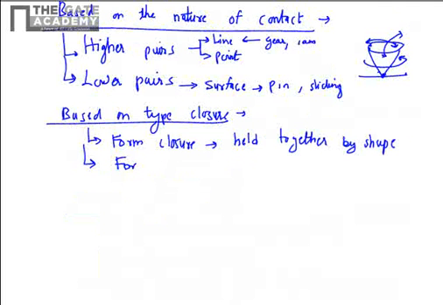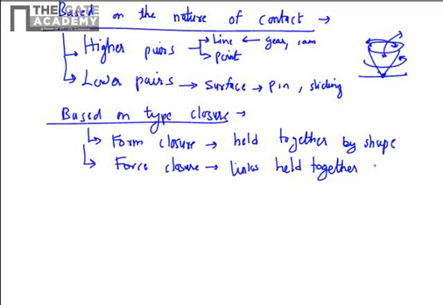The other category is force closure. In this category, the links are held together by an external force, for example spring loading. They can be separated easily.